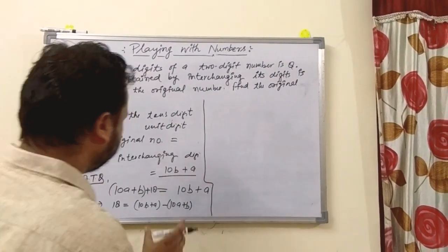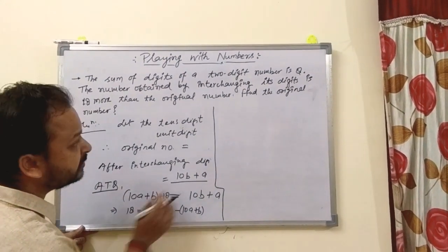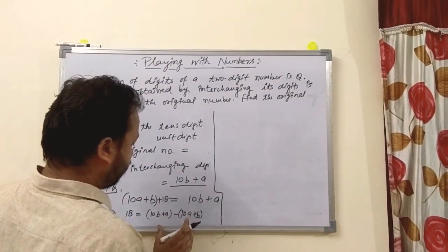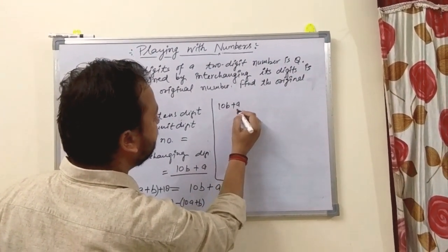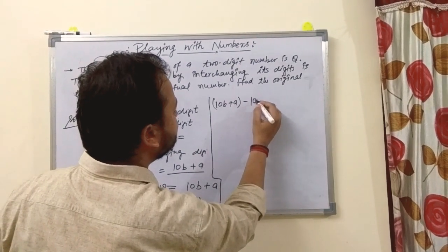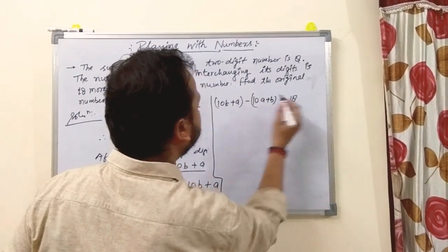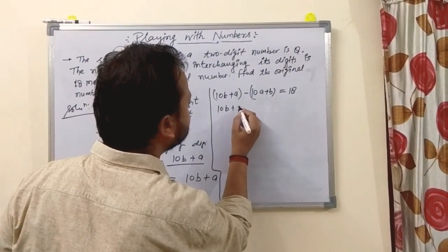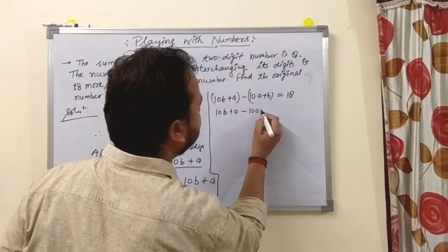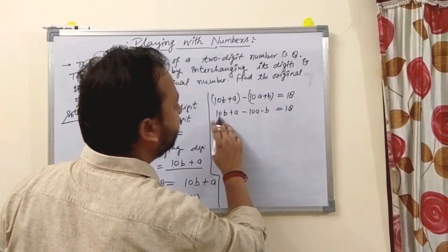So you can also write it as, take it as left hand side, and this is also right hand side. So I am writing it on the left hand side. So 10B plus A minus (10A plus B) equals 18. Open the bracket. 10B plus A minus 10A minus B equals 18, right?